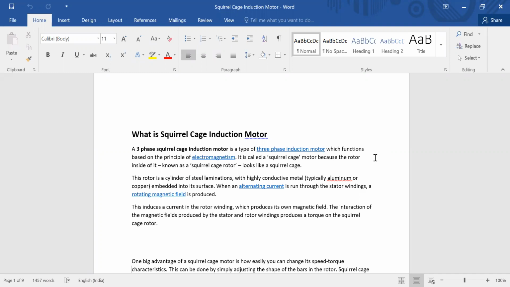This induces a current in the rotor winding, which produces a magnetic field. The interaction of the stator and rotor magnetic fields produces a torque on the squirrel cage rotor.